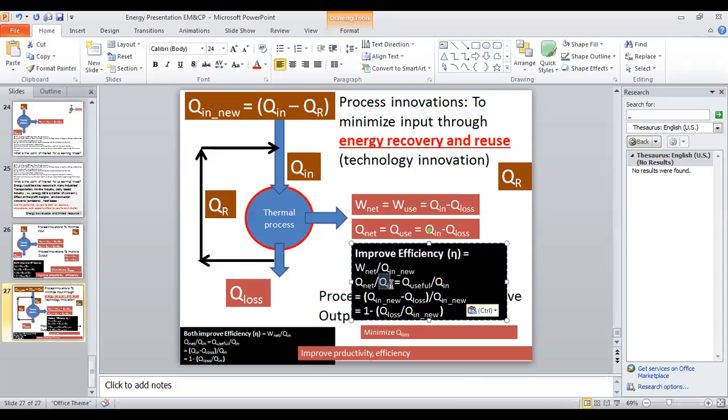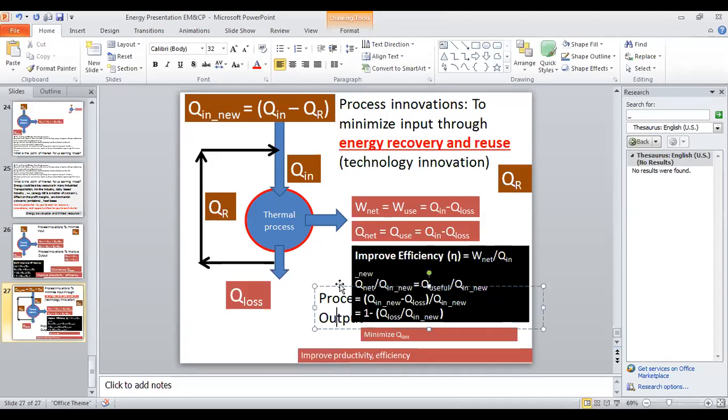So you have Q in internally, but the energy input from outside to the process is all replaced. It's a new definition. That's why energy recovery and recycling.